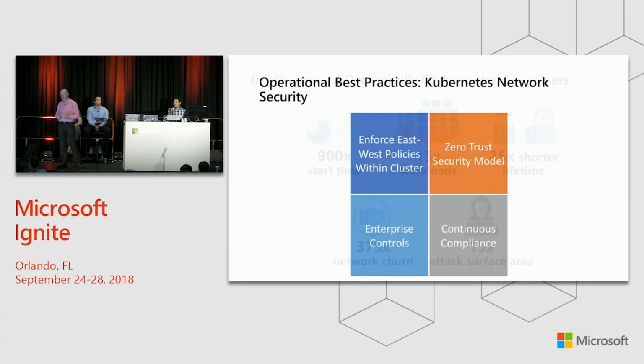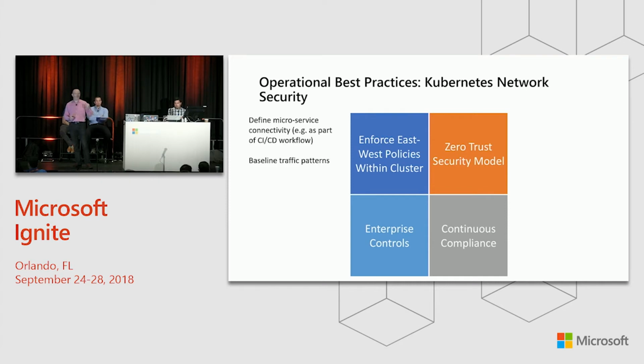And I'll go through some of the best practices that we're seeing people adopt. It really goes into 4 areas. The first is to realize that the traditional approach to network security, which has been to apply a perimeter firewall to a secure area, doesn't really apply in this world.